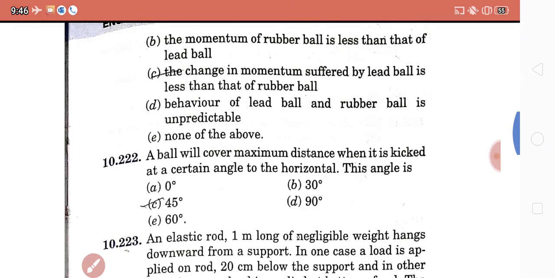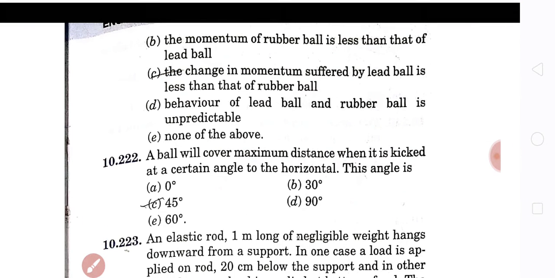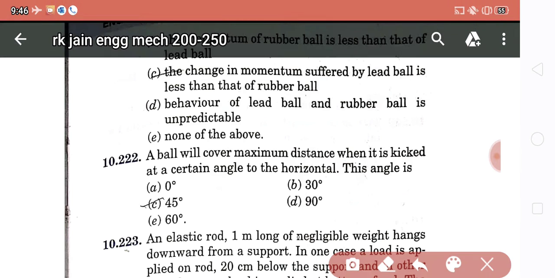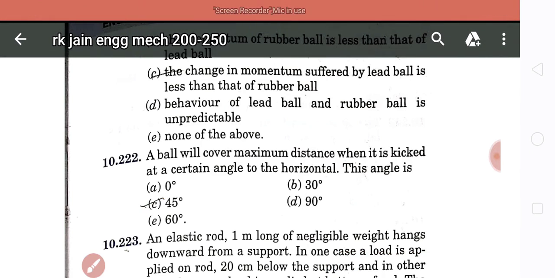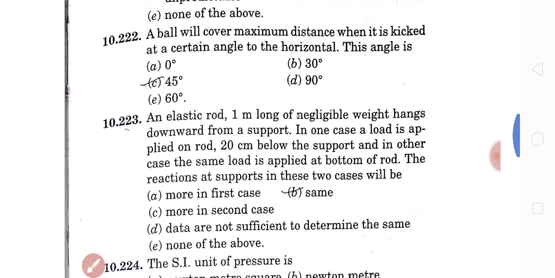Next question. A ball covers maximum distance when it is kicked at a certain angle to the horizontal. This angle is 45 degree. Next question 223. An elastic rod 1 meter long of negligible weight hangs downward from a support.